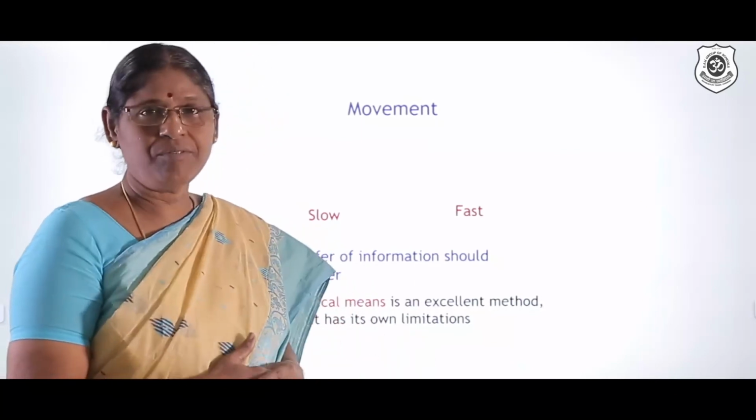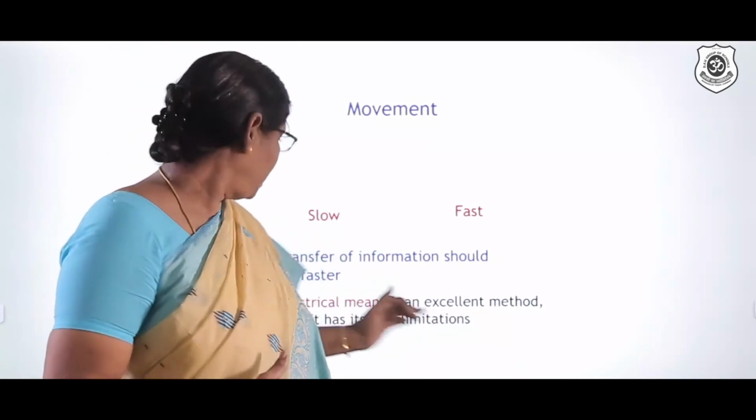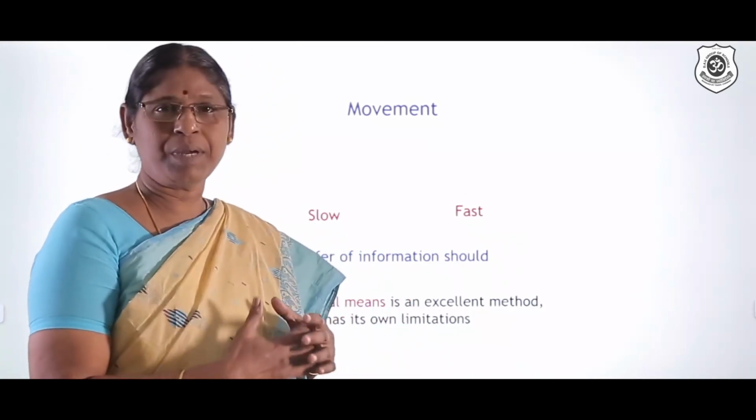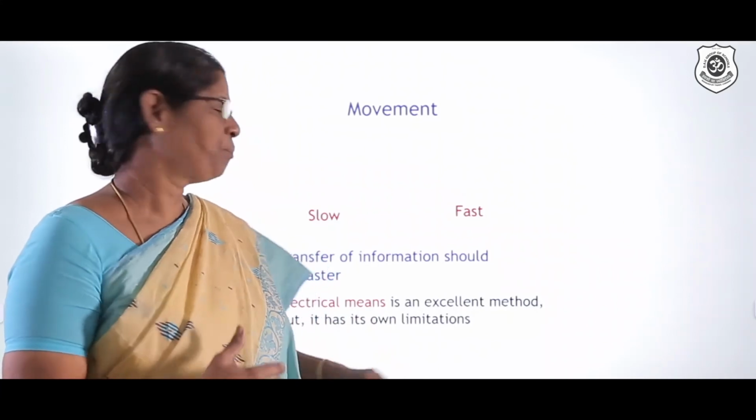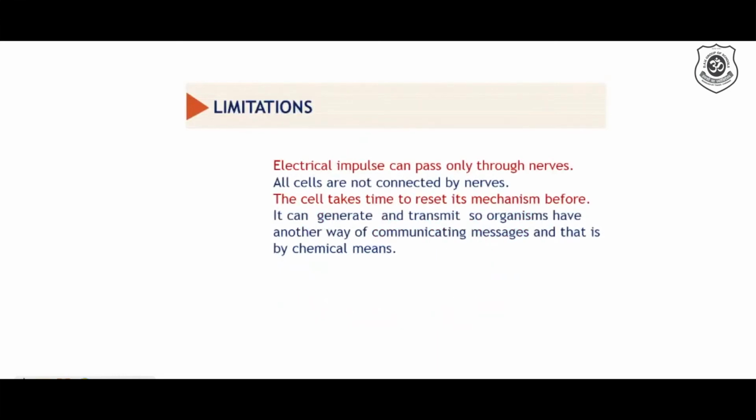Of course, we have nerves there which can pass the impulses quickly. And how do they pass? It is by means of electrical impulse, isn't it? So this electrical means is an excellent method, but it has its own limitation. Now let us see why it is not an apt one for all transmission.